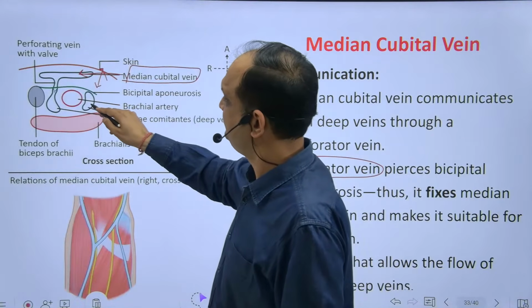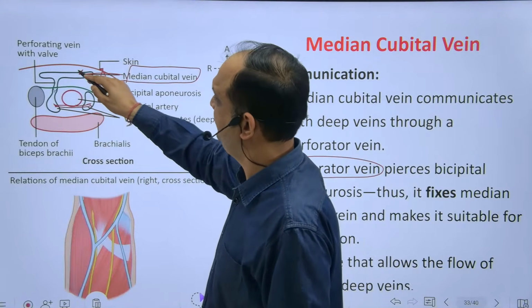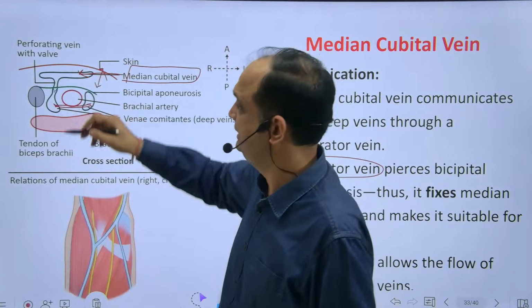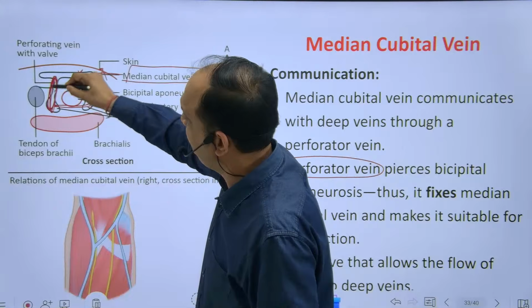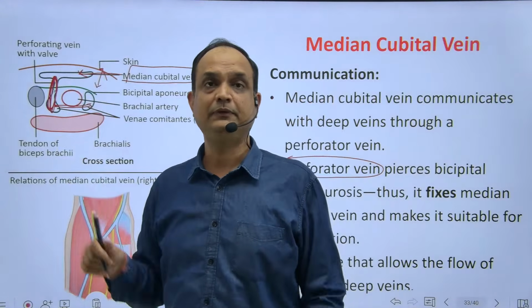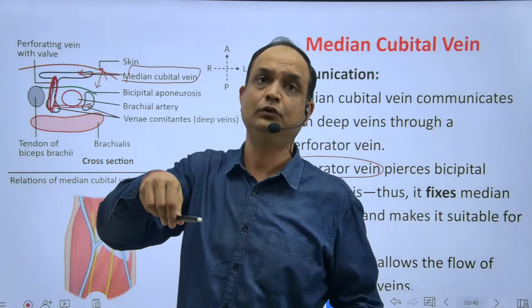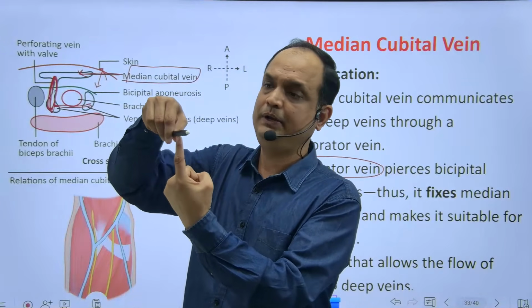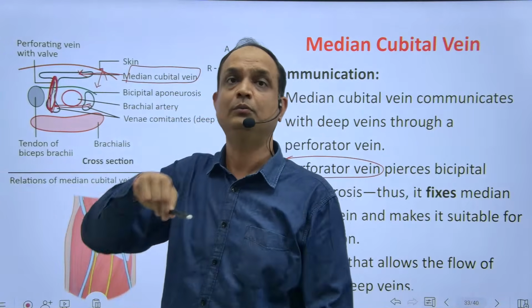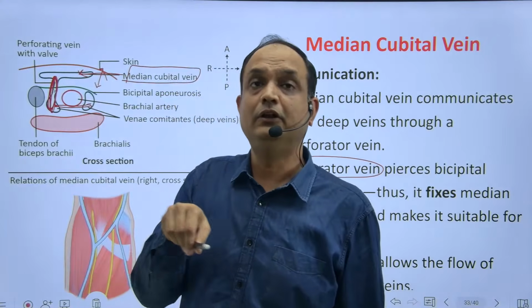These are the deep veins, and the deep veins are connected with the superficial veins by these perforators. Now what is the advantage of having a perforator here? The perforator fixes the vein in its own position, because from below it has a connection. Because of that this vein will not move here and there, it will not displace.